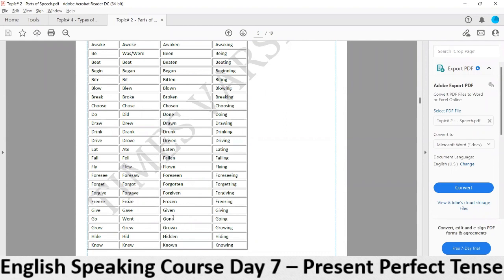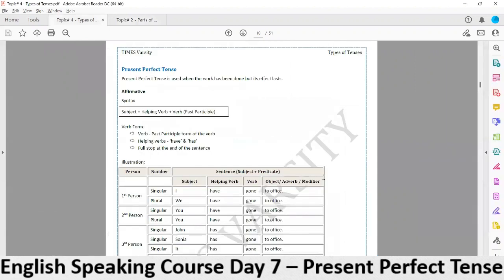So this third form of the verb will be used in present perfect. Okay, so the syntax is subject plus helping verb plus verb, and the verb is the past participle form, that is the third form. Here two helping verbs are used, have and has. And a full stop at the end of the sentence if it is affirmative.